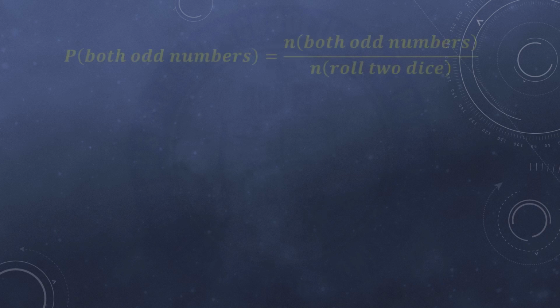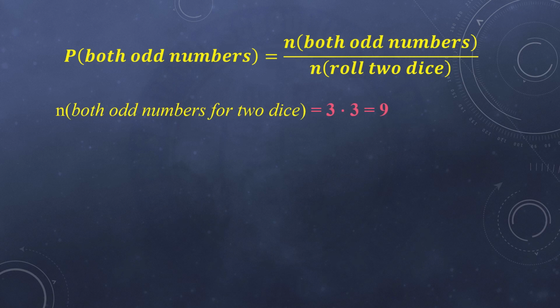So, let's use the answers that we got earlier. The number of possible outcomes when both odd numbers turn up for 2 dice is equal to 9. The total number of possible outcomes when we roll 2 dice is equal to 36. Now, we are going to use the concept of probability, which is this.